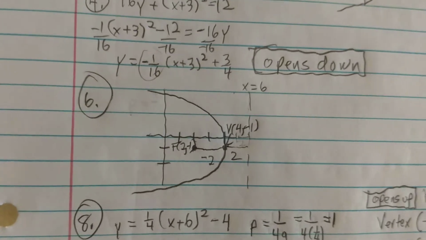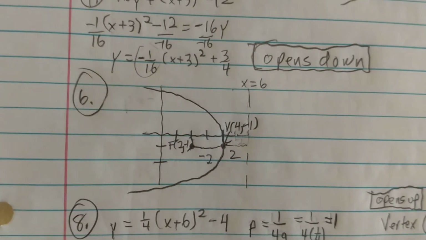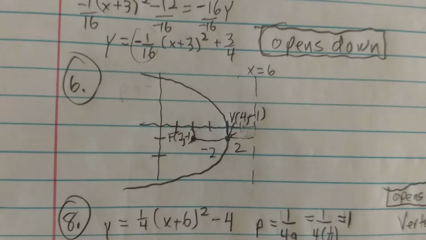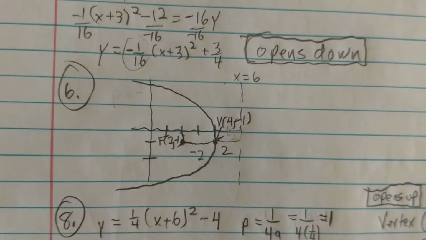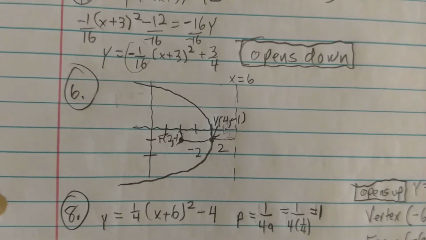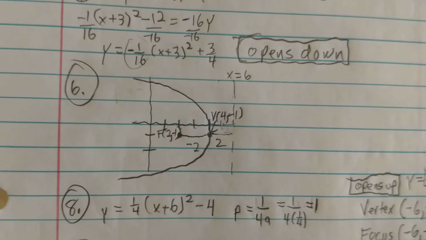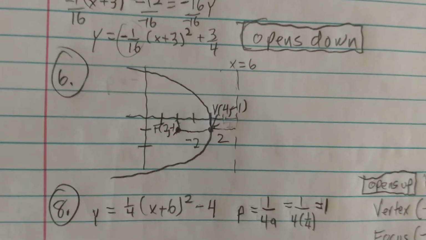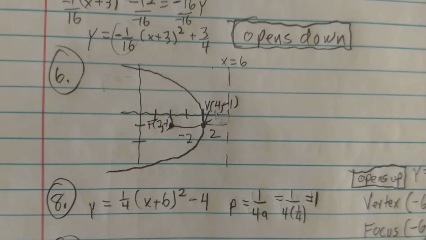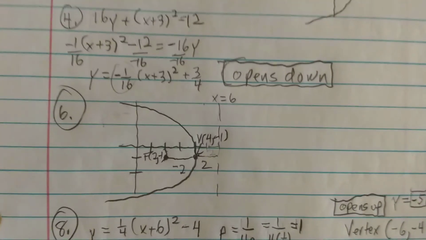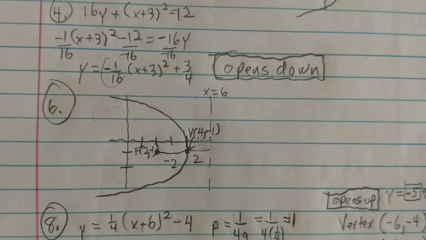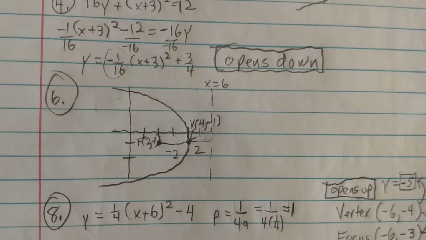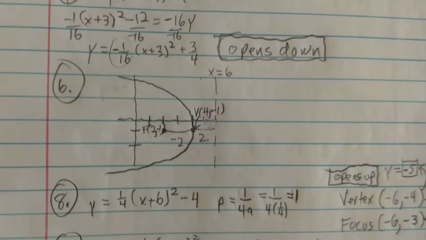So that gives us y equals negative 1/16 (x plus 3) squared plus 3/4, which is negative 12 over negative 16, simplifying. And again, with a y equals and an x squared, that would open down, because negative x squared is the regular parabola that opens down. Okay?